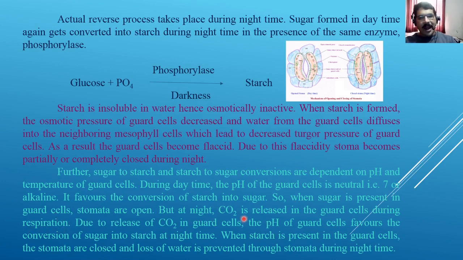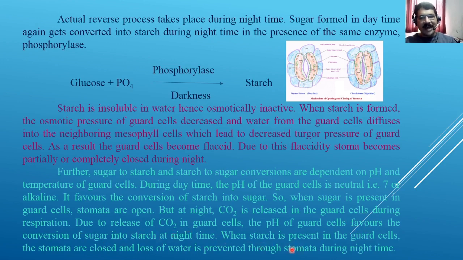So at night the concentration of CO2 is increased in the vicinity of guard cells, and due to the release of CO2 in guard cells, the pH of guard cells will decrease, and it will come up to 5 or less than that, and this decreased pH favors the conversion of sugar into starch at the time of night.